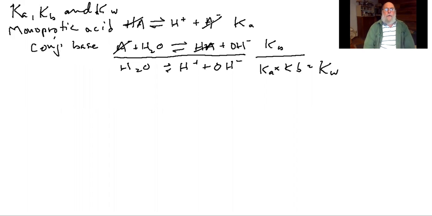If we add those two reactions, the acid and the anion drop out, and we end up with the autoionization of water. Ka times Kb is Kw.